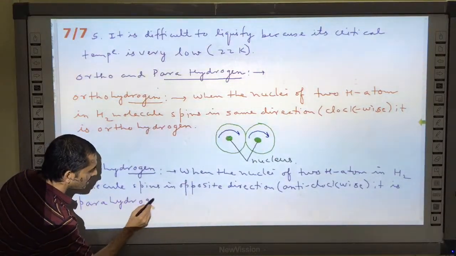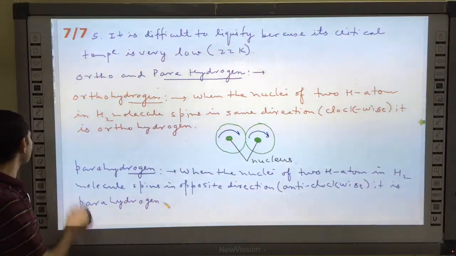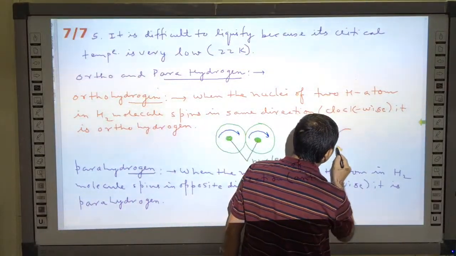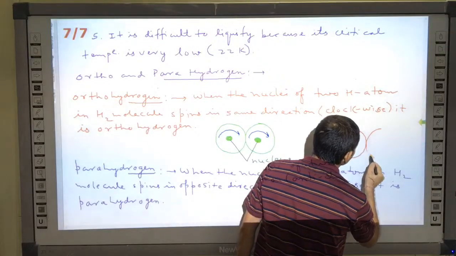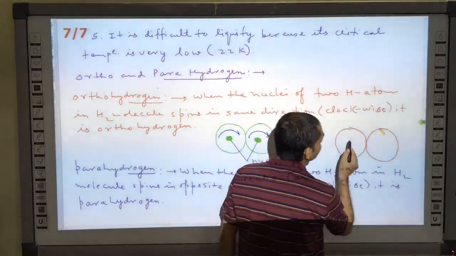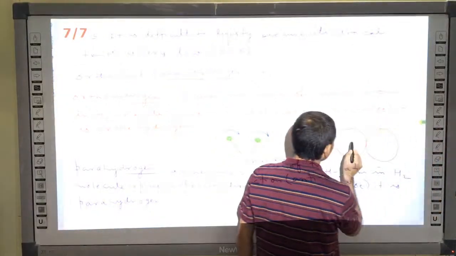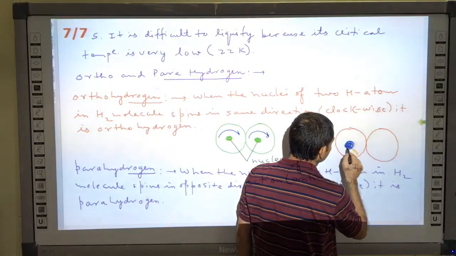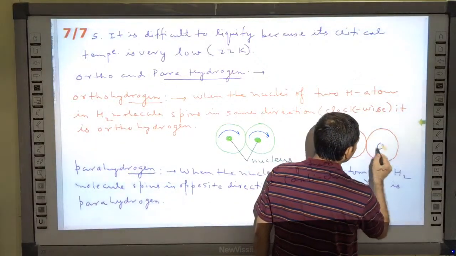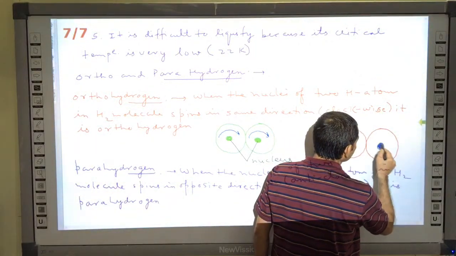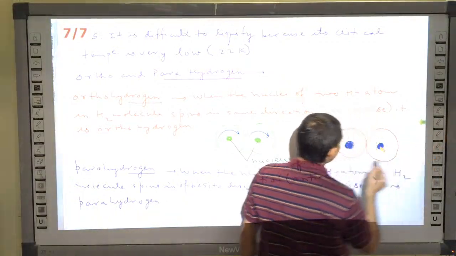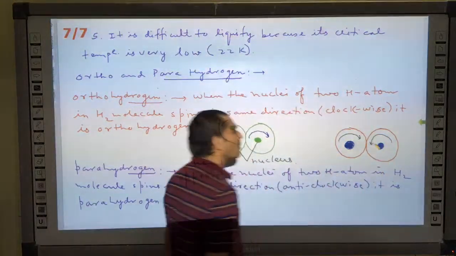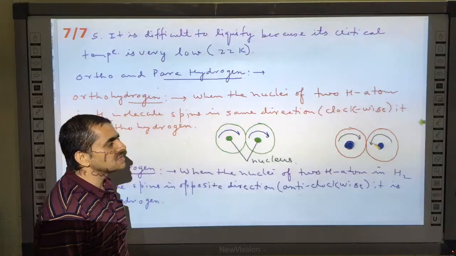Now let us draw parahydrogen. This is a hydrogen atom, and these are the nuclei of the hydrogen atoms. If one is spinning in this form and another is spinning in this form, anti-clockwise, then it is called parahydrogen.